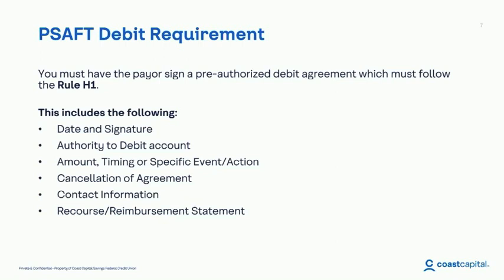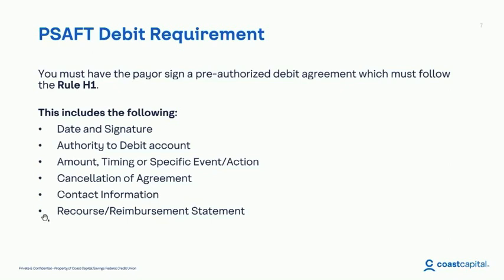If you're going to collect fees from your owners, so directly debiting their account, you do need to have an agreement. So think back to any time you have set up a personal pre-authorized bill payment, maybe your car insurance, your cell phone bill, BC Hydro. You always sign something which will have these requirements in there.